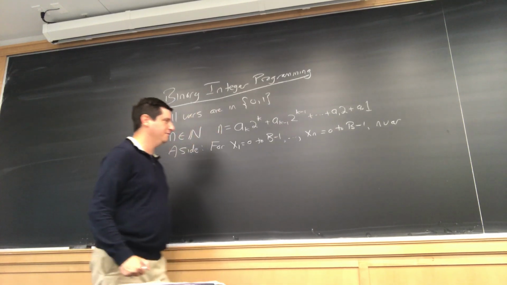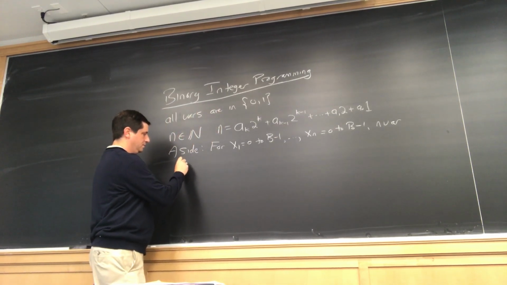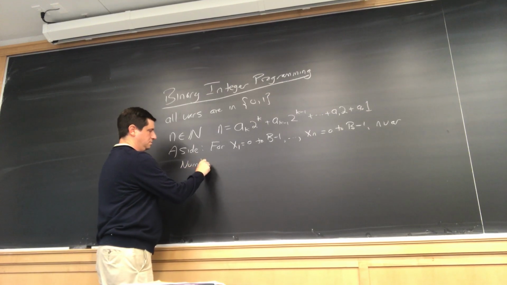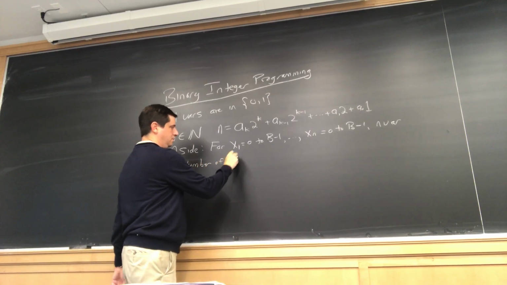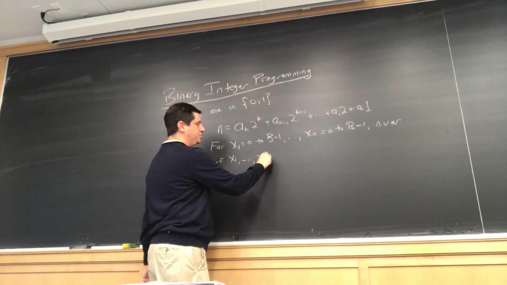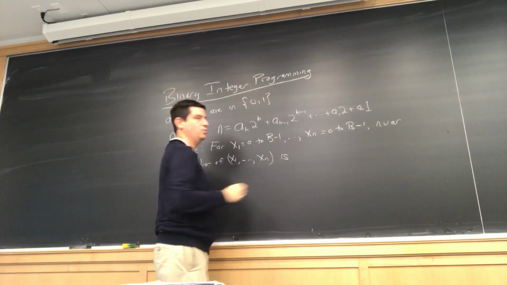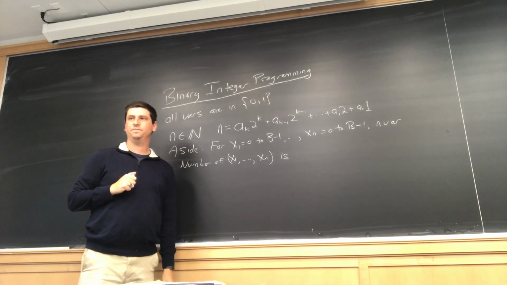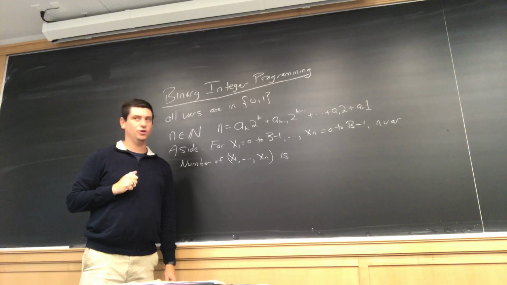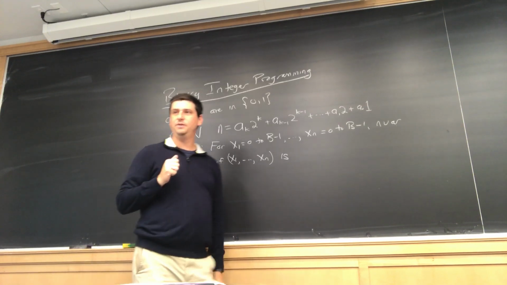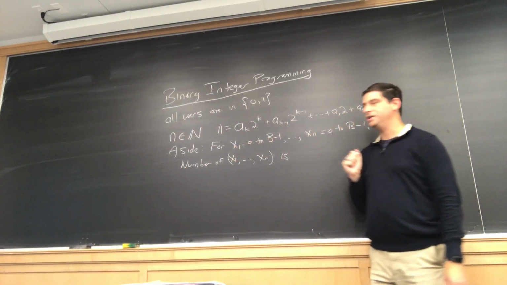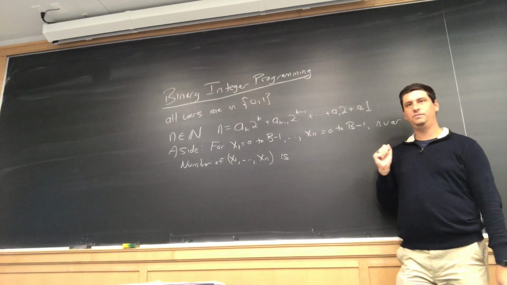How many numbers do we have? So how many numbers do we have? How many tuples is what? Not quite b, close. Each one goes from 0 to b minus 1. Oh, so it's b to the n.